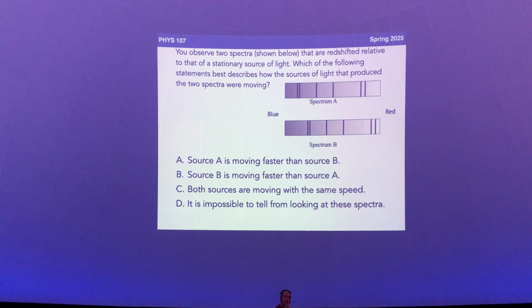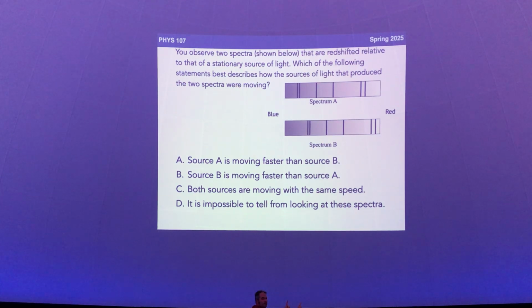It doesn't matter how far away they are. It's just the speed that we're seeing along the line of sight. If they're moving together at the same speed, we should see the same shift. If this one's moving faster, they're going away from me, so that makes more sense. Right, so the sources are moving away from me.